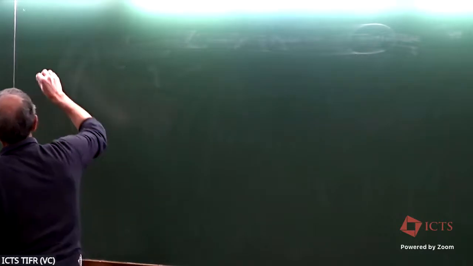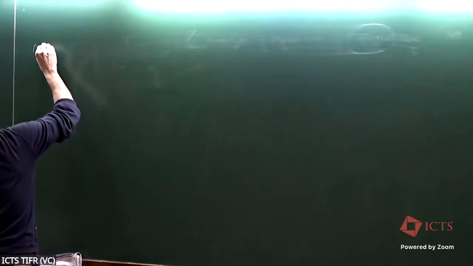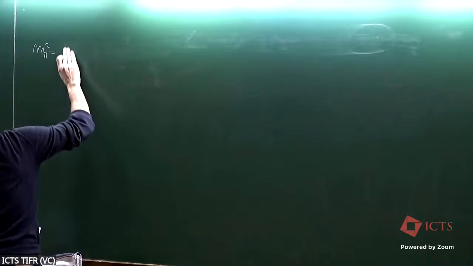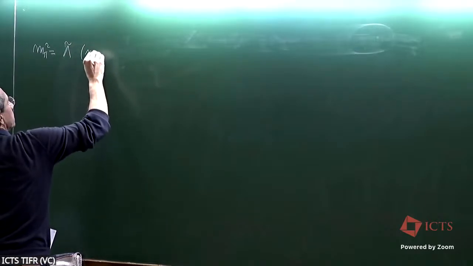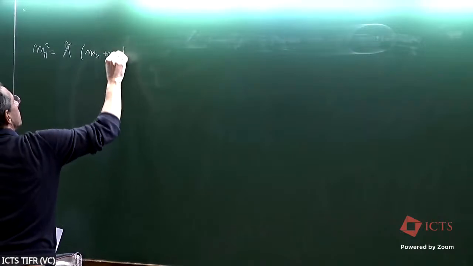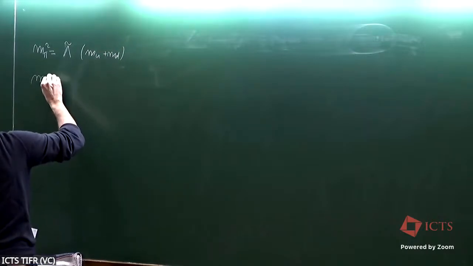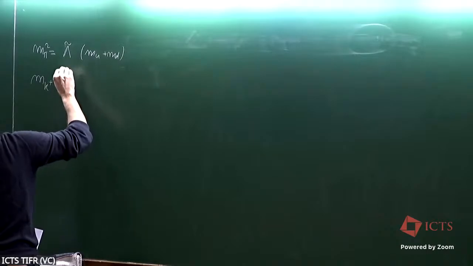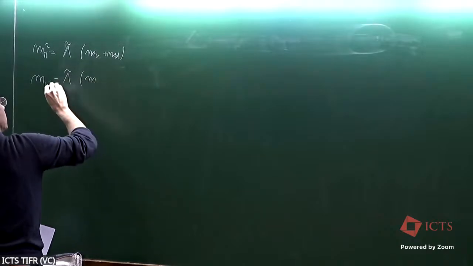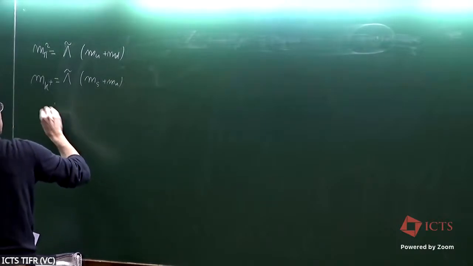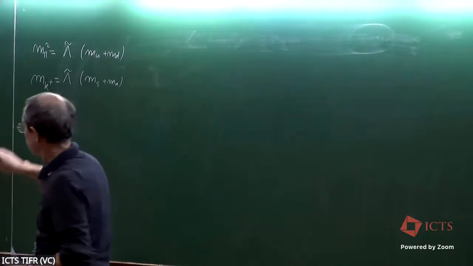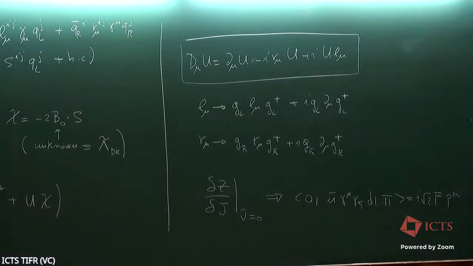Now you've seen David's lecture, this nice relation is that the mass of the pion is equal to this lambda tilde, let's say K plus MS plus and so on, right? So this lambda tilde is really my B0, okay, the same thing.